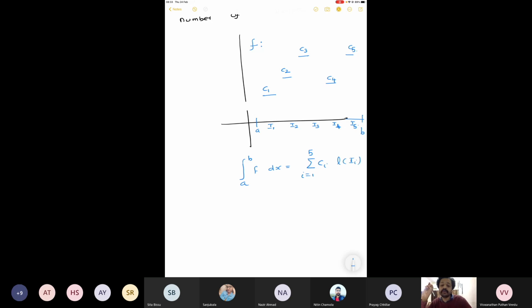So what we will do for a simple function is the following. Can you guess? Summation of alpha i times the measure of Ei. Measure of Ei, that's it. The values that the simple function takes are multiplied with a quantification of the set on which that value is taken.